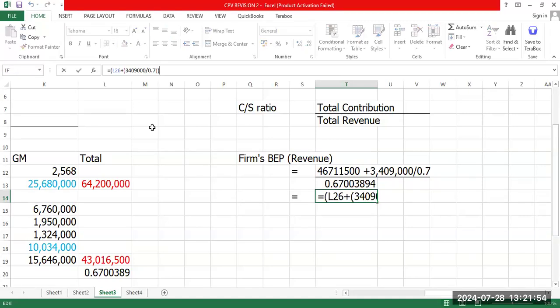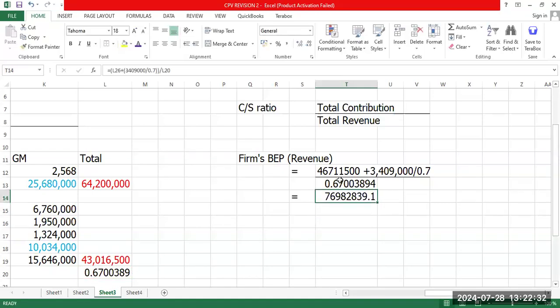No. Here I have to divide by this answer you have, it should be divided by this.